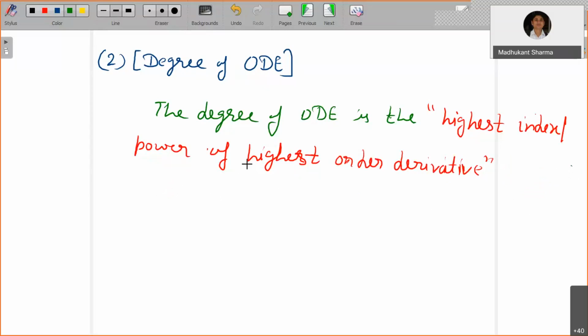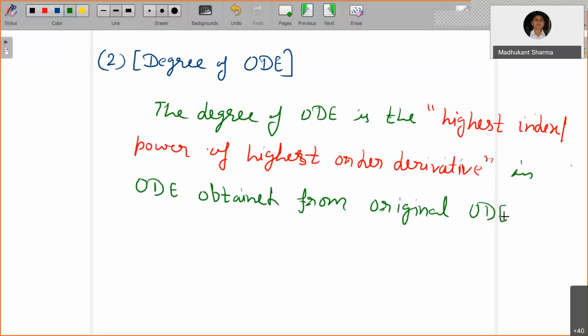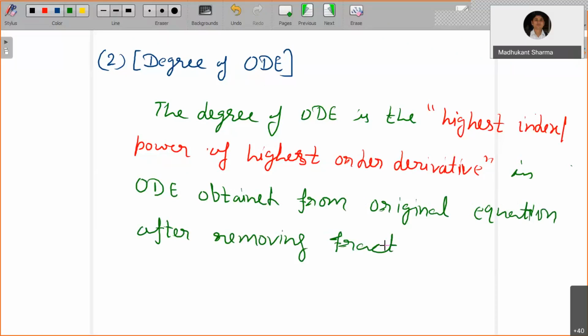So, the highest index or power of the highest order derivative in an ODE obtained from the original ODE, meaning the original equation, after removing fractional powers and radical terms.